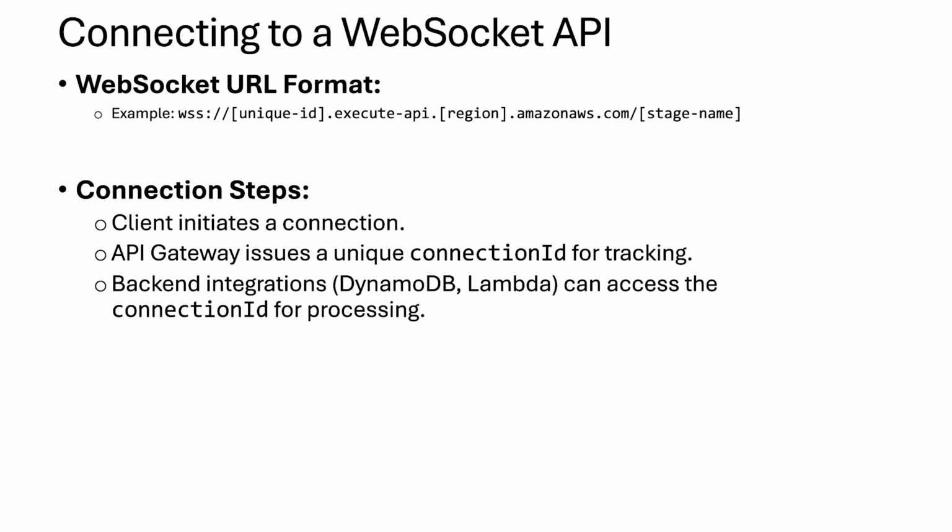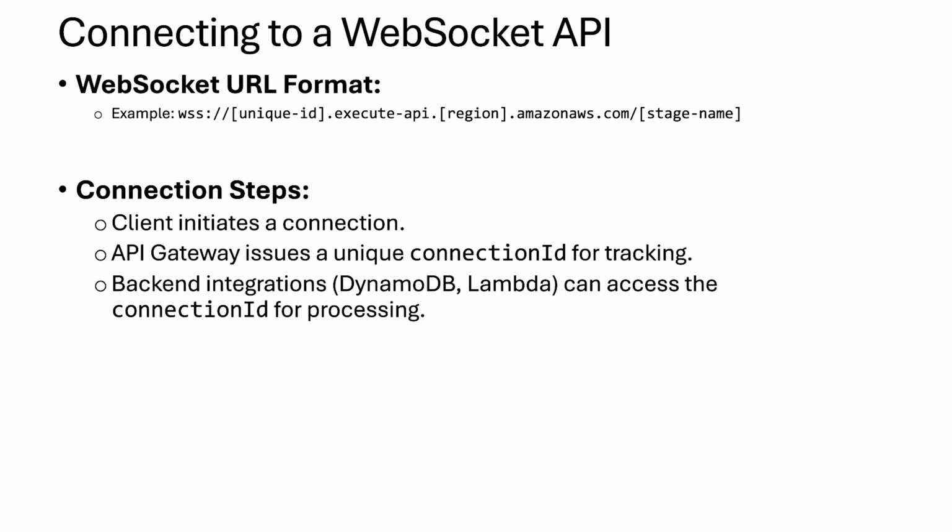When a client connects to an API Gateway, we assign a unique connection ID, and this connection ID is referred to in backend integrations, like storing active connections in DynamoDB. A few steps are involved. First, the client initiates a connection.